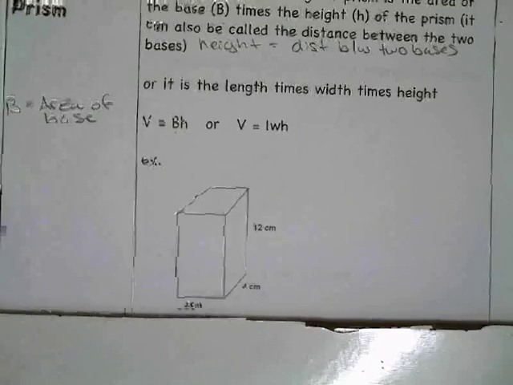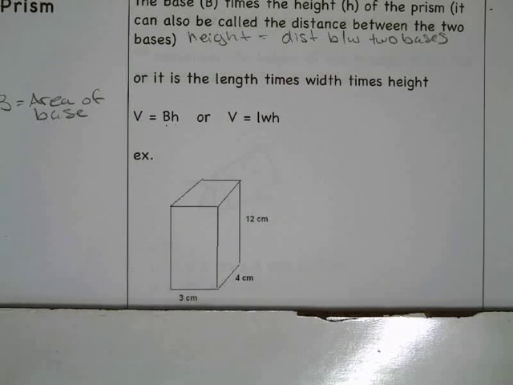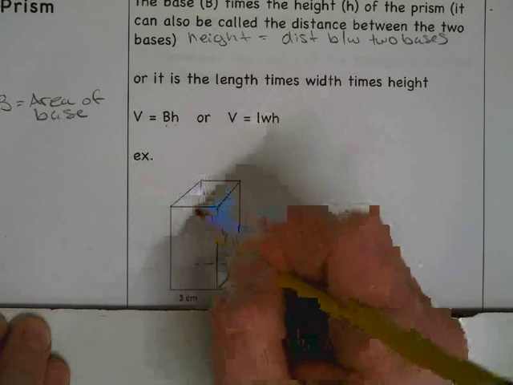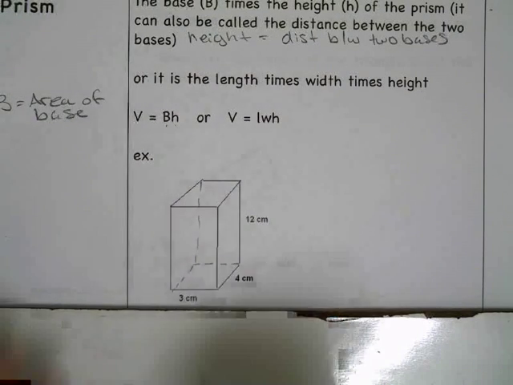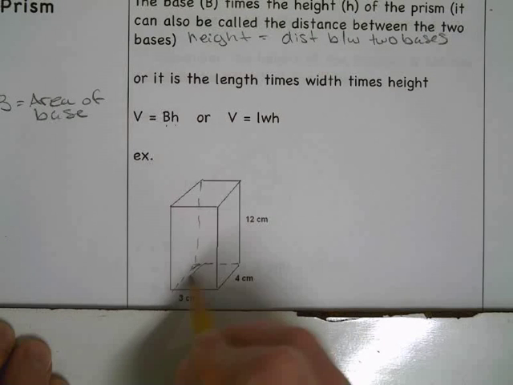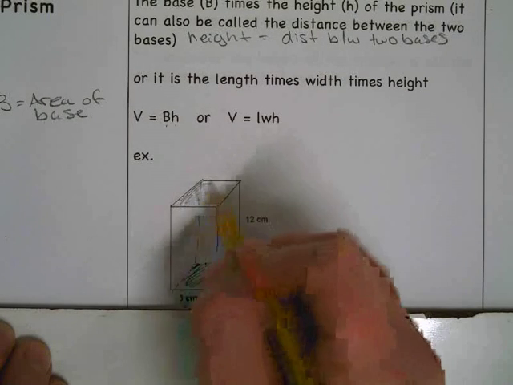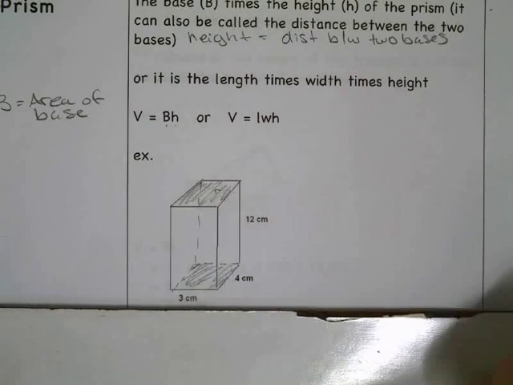So the first example, I have a rectangular prism, and since we're doing volume equals base times height, we need to first identify what the bases are. In this particular example, I'm going to use this part as the base. As you can see, the bases are parallel to one another.